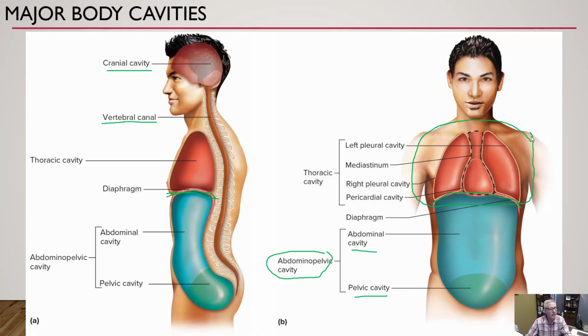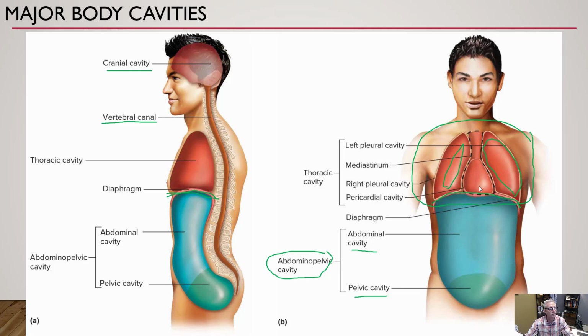Now, within the thoracic cavity, you have several different pockets of cavities. You have a pleural cavity, that's your left and your right pleural cavity. That's going to be your lungs.